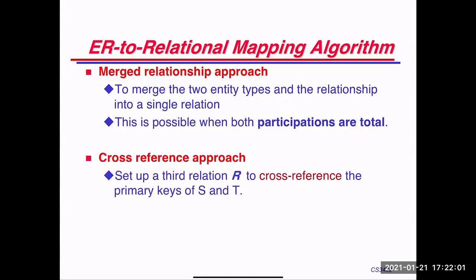And finally, there's the cross-reference approach. In that case, I will just set up a third relation R to cross-reference the primary keys of S and T. Okay, so this is kind of the most general approach, right? And we'll see that this approach works for any cardinality of relationships when I map them, not just for one-to-one relationships.